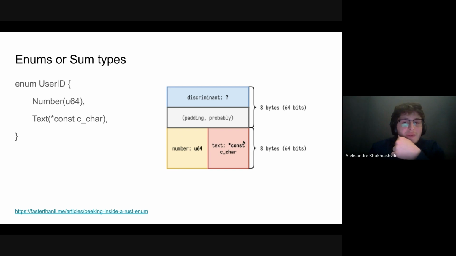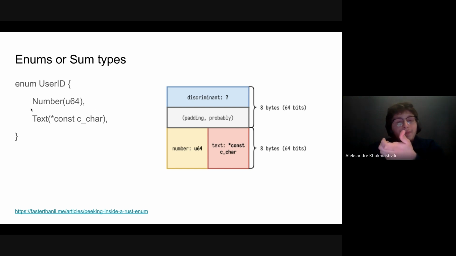And the memory storage of it looks like this, where Rust automatically creates a new, hidden field, which will be stored at the start of the structure, called the discriminant, which will be 8 bytes. This field tells you which of these variants is currently stored in the structure.